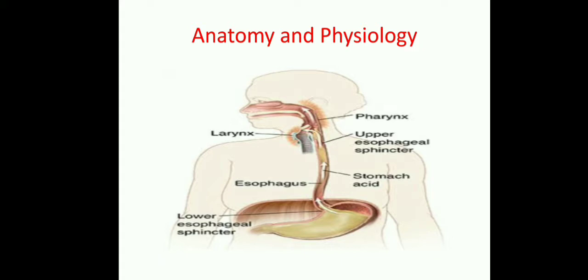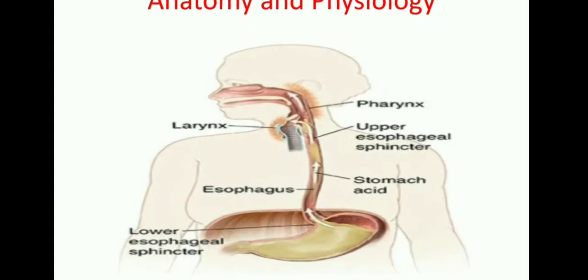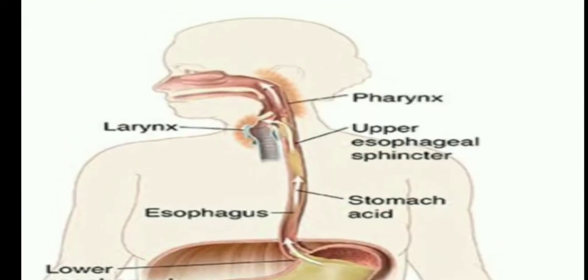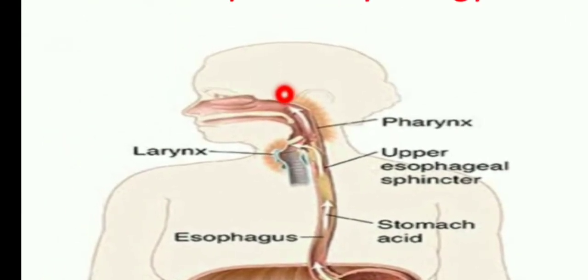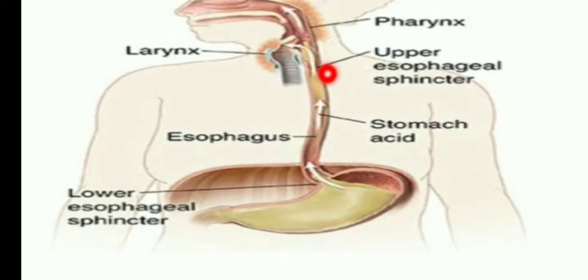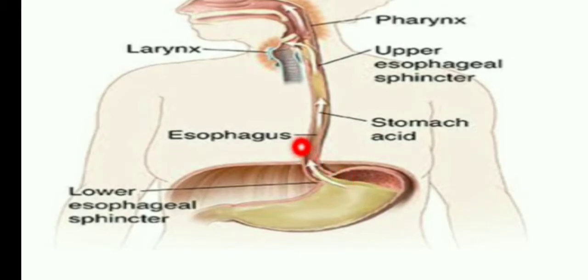It has ring-like muscles, that is sphincters, in the upper and lower portions to contract and relax, and it allows food and liquids to pass. It starts from the mouth and finally connects to the stomach. This is called the esophagus.